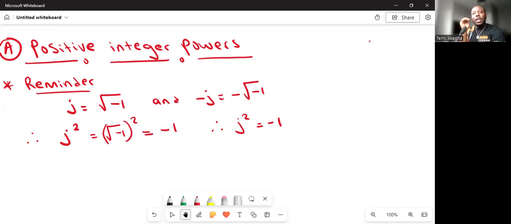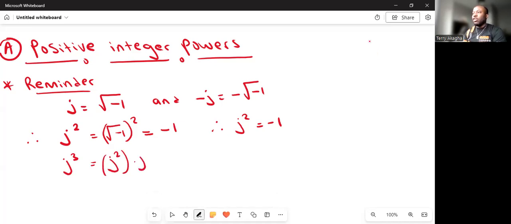Now, it's very important that you go back and watch my video on the laws of indices, because we're going to be playing around with them a lot in this section. For instance, if you have J raised to the power 3, it's the same thing as J raised to the power 2 multiplied by J. Remember in the laws of indices, we said a raised to the power m times a raised to the power n is equal to a raised to the power m plus n.